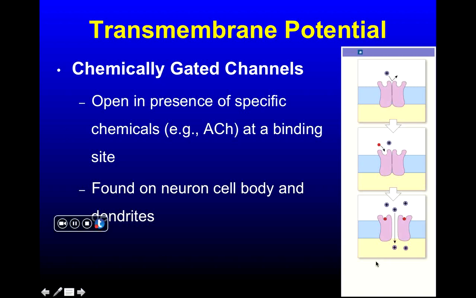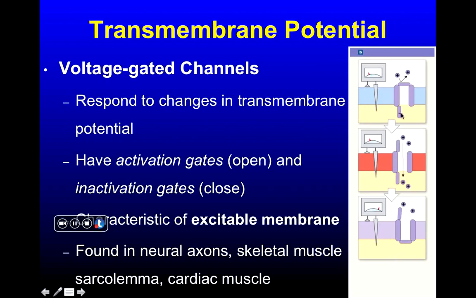Would these positively charged ions move if they were equilibrated on both sides? If there was 3 on the outside and 3 on the inside? No. So because we have a resting membrane potential that makes a difference in concentration, when there is a change, we can respond. In this case, when there's a chemical present that opens this channel, we can now change the electrical state of the membrane.